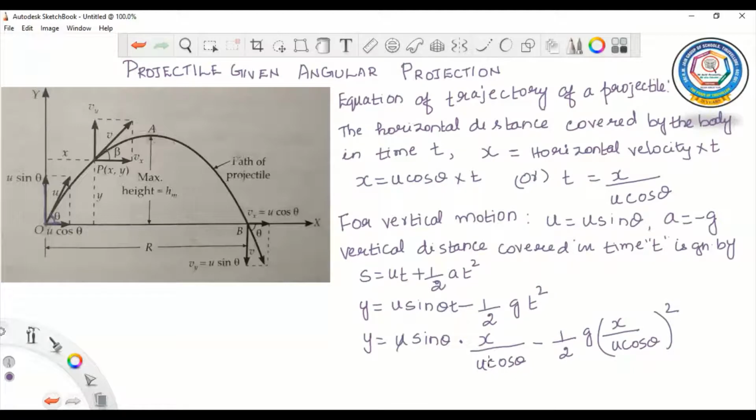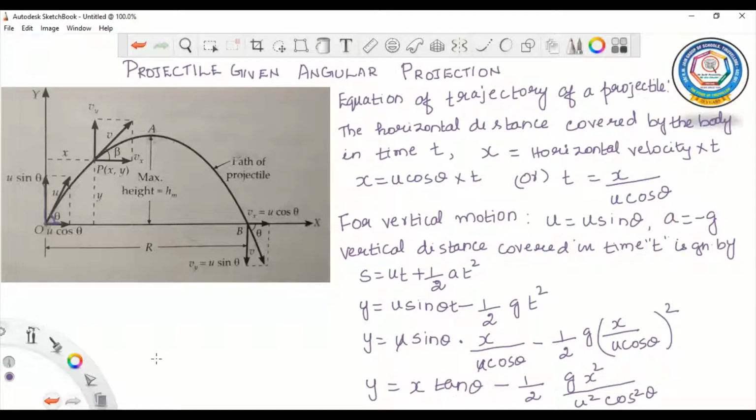So this u and u get cancelled. Sin theta by cos theta is tan theta. So y is equal to x tan theta minus half g x square divided by u square cos square theta.